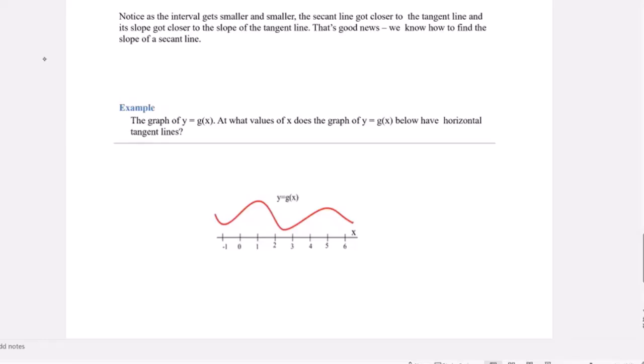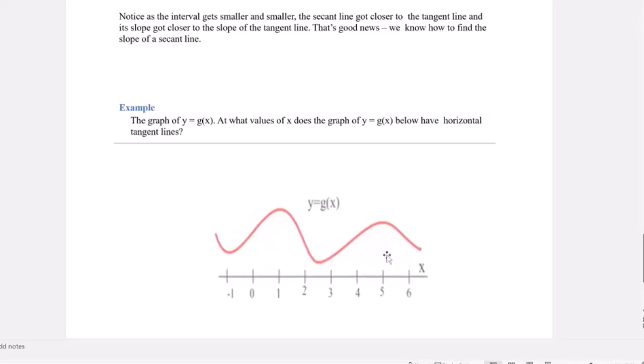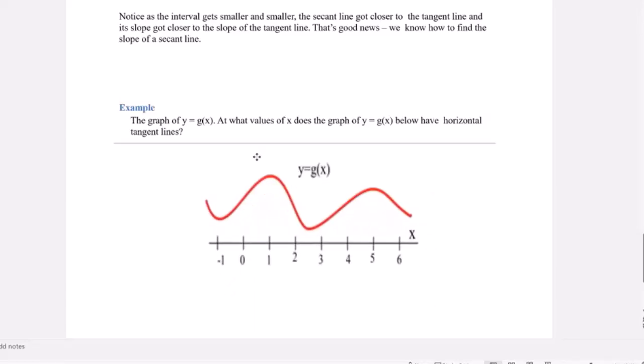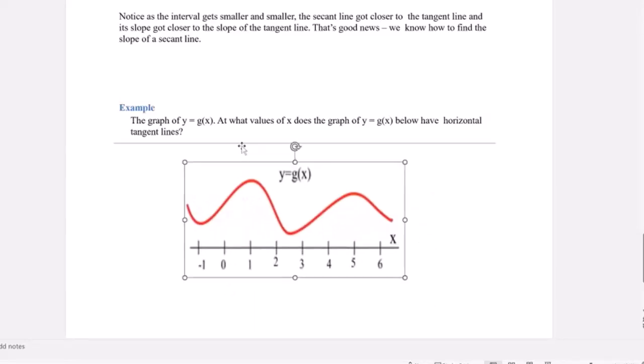The graph of y equals g of x is right here, in red. At what values of x does the graph of y equals g of x below have horizontal tangent lines? So first, let's make it a little bigger, okay? And a horizontal tangent line would be a line where the slope equals 0.